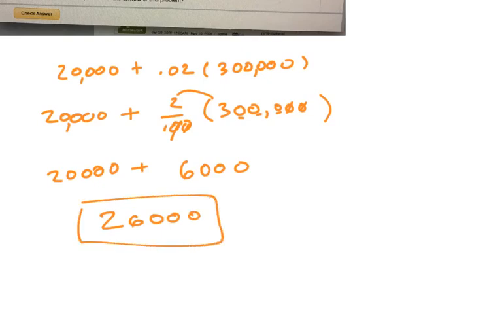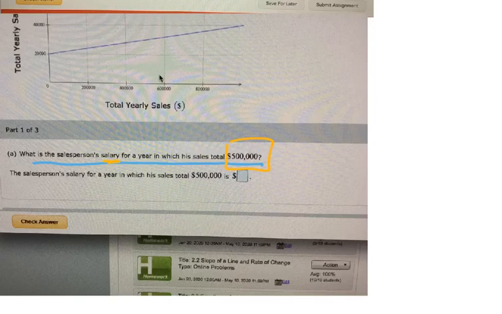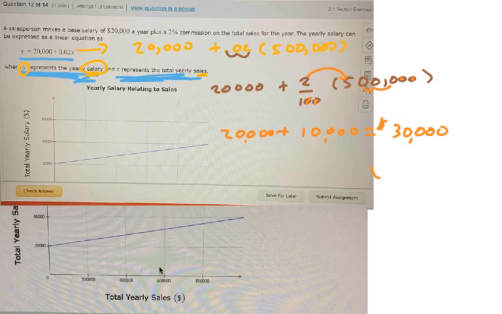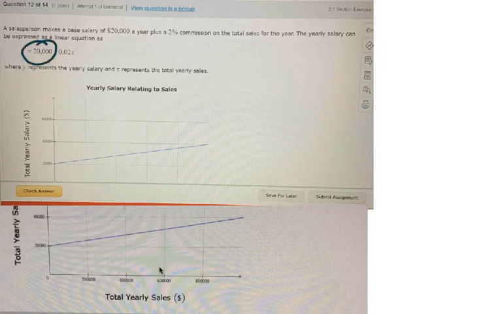And there's my answer. The last part says, what does the y-intercept mean in the context of the problem? So the y-intercept, if we look at the equation, is 20,000. And what 20,000 represents is what you start off with.